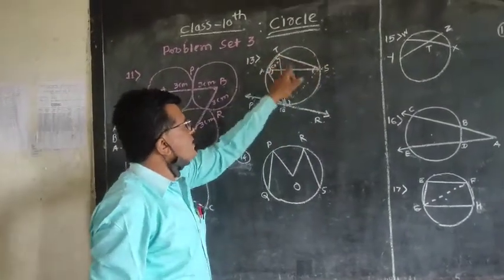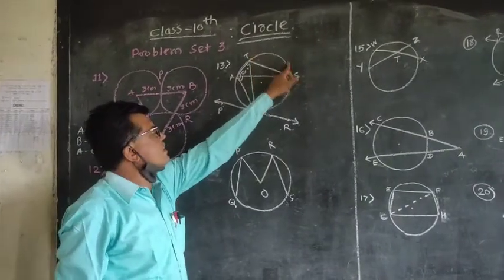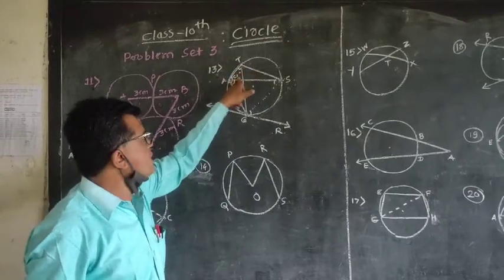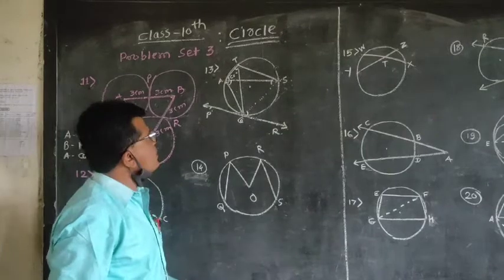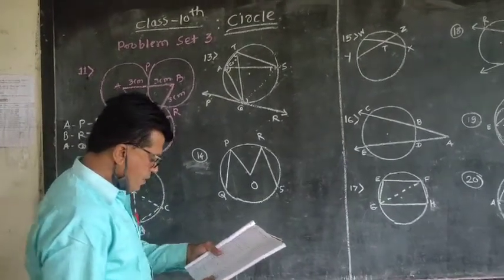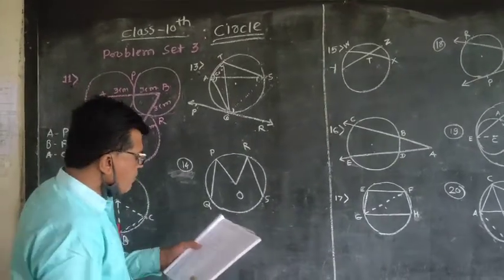And angle TAS is equal to half the measure of arc RTS. Now the measure of arc RTS is equal to twice 65 degrees, that is 130 degrees. Hence the measure of arc RTS is equal to 130 degrees.